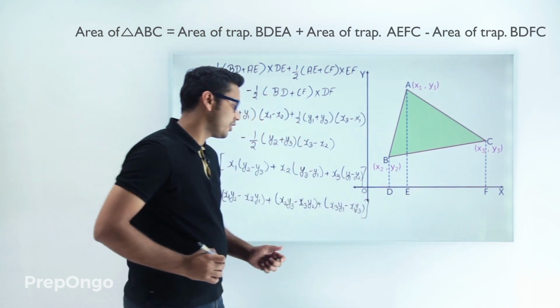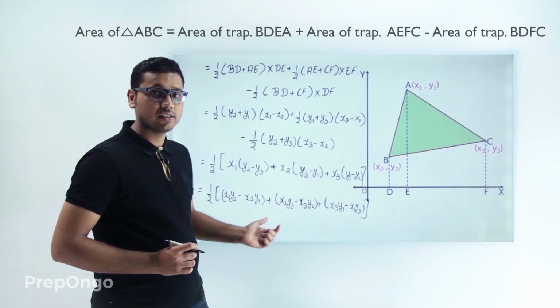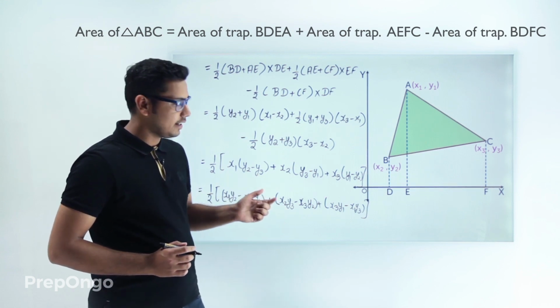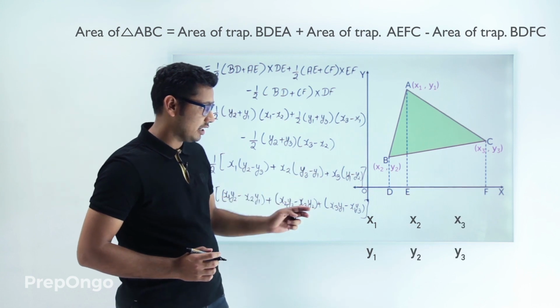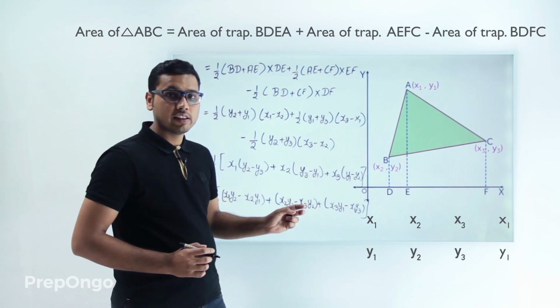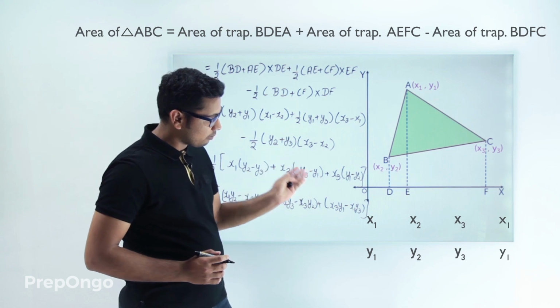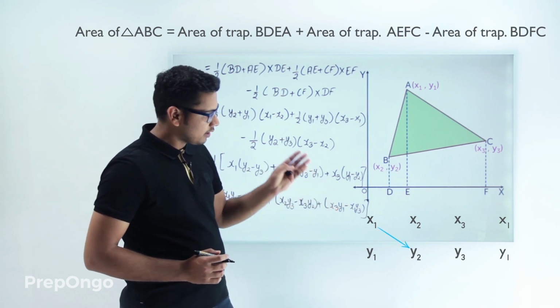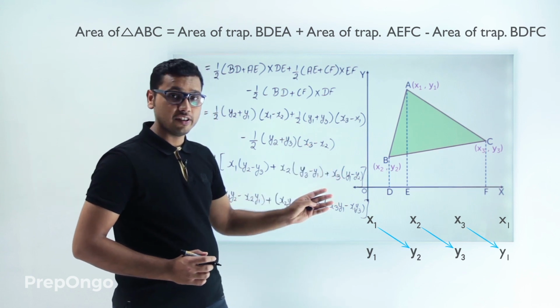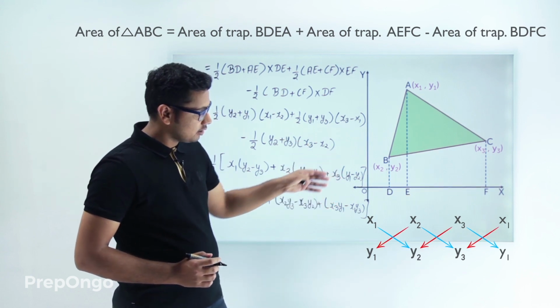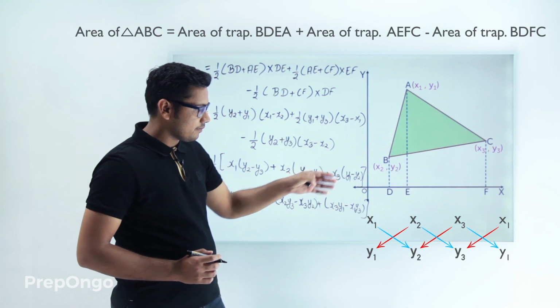So the method to remember this expression is we first write the coordinates in the form x1 y1, x2 y2, x3 y3 and x1 y1. Then we make arrows from x1 to y2, x2 to y3, then x3 to y1, and similarly we make arrows this way.